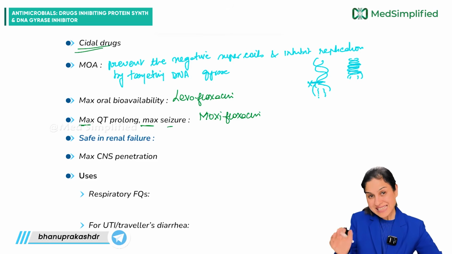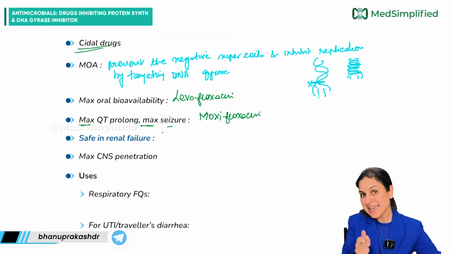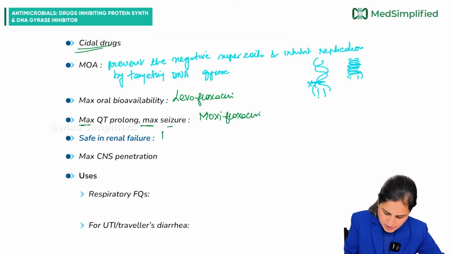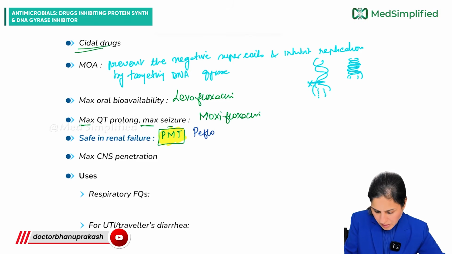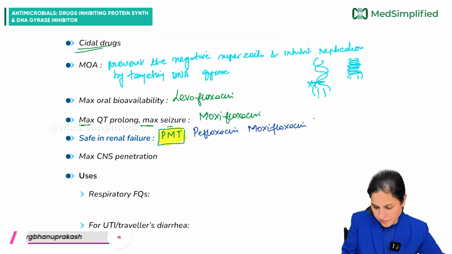Which of the fluoroquinolones is safe in renal failure? So this is the PMT drugs. PMT drugs stand for pefloxacin, moxifloxacin, trovafloxacin.